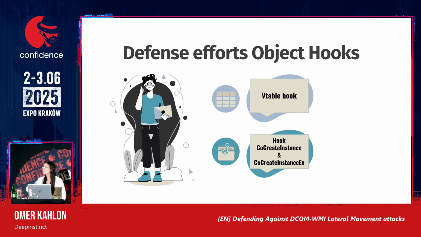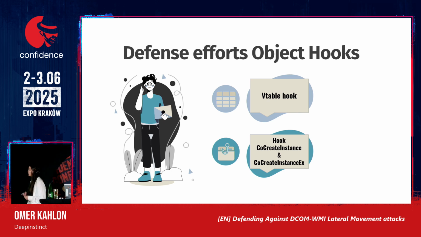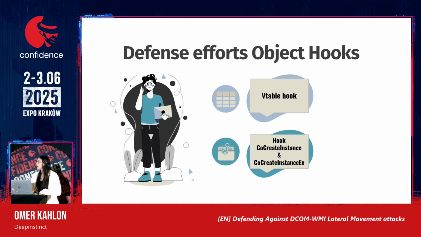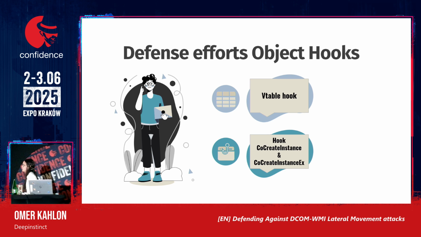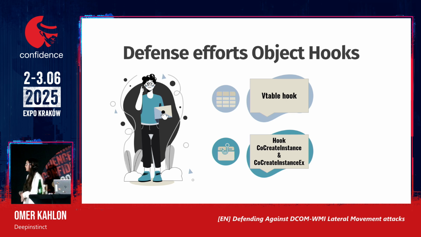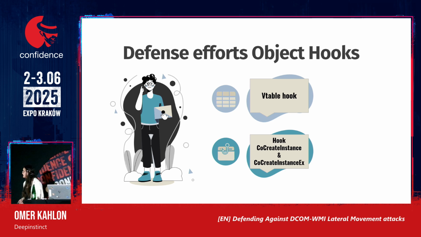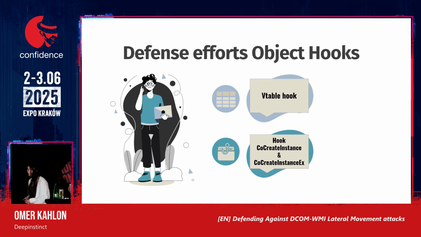But the only problem is that we will not always have an instance of the COM object we want to monitor. That means we should hook COM object creation as well. The two commonly used APIs to create a COM object are CoCreateInstance and CoCreateInstanceEx. Both these APIs receive a CLSID and an IID as parameters, which represent the specific object to be created.